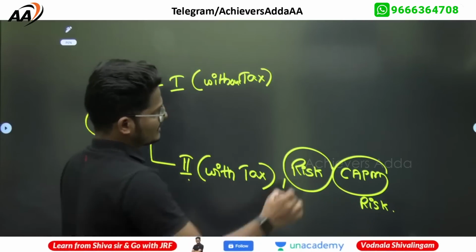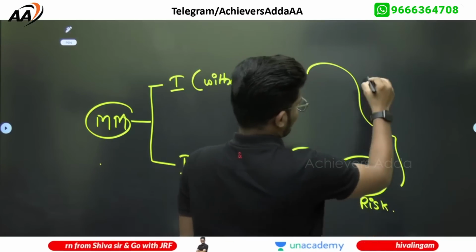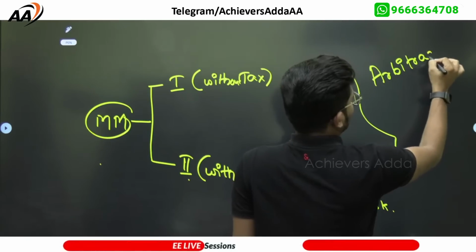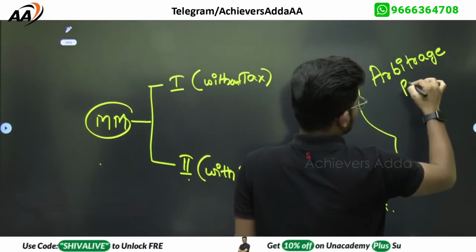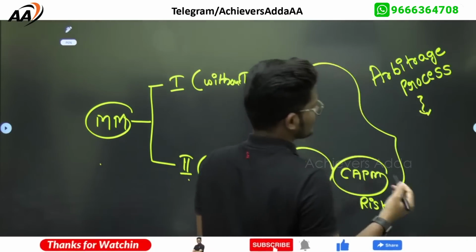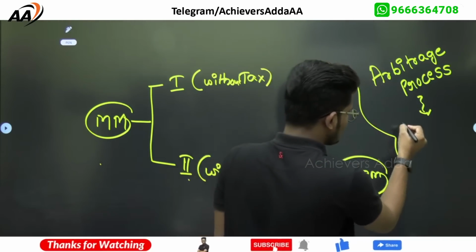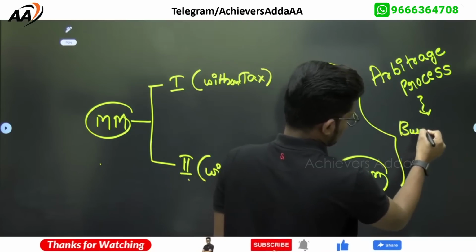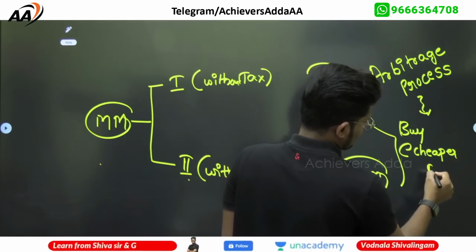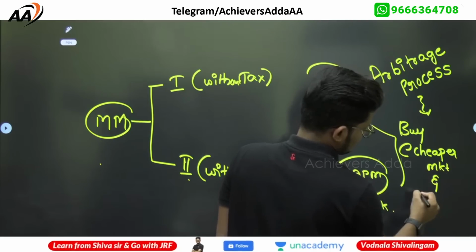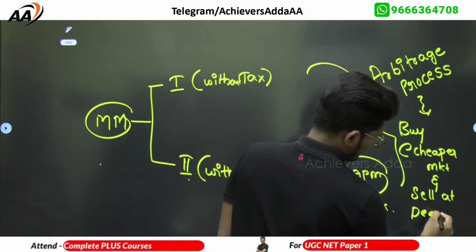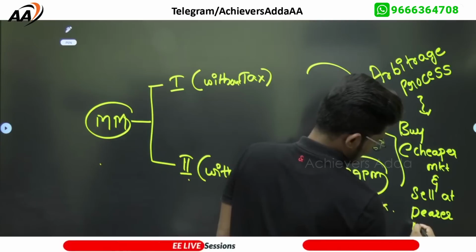Now, both of these usually work on one process called the arbitrage process. This arbitrage process is nothing but buying at a cheaper market and selling at a dearer market, dearer in the sense of a high-priced market.